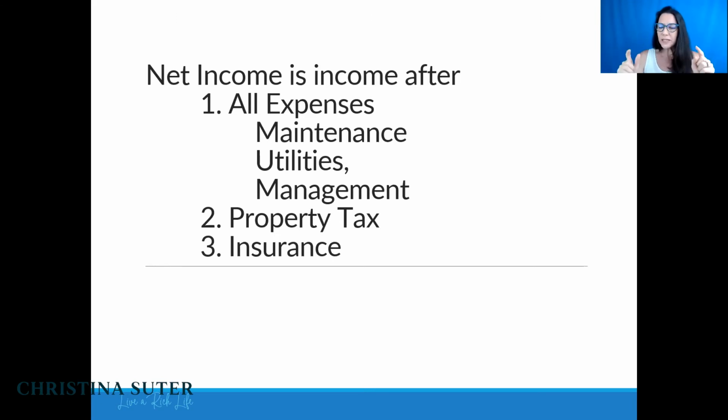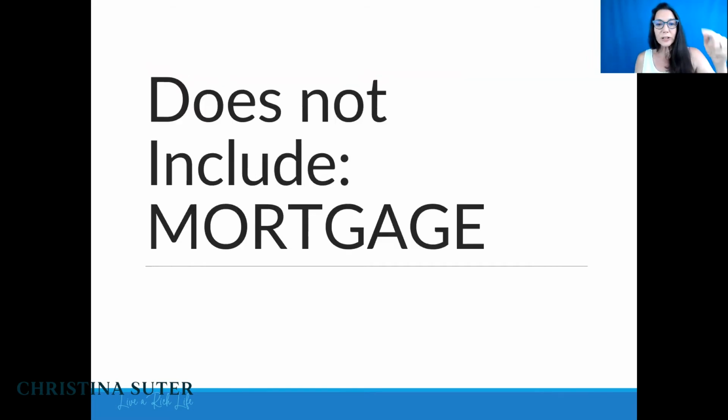Those are all expenses, but don't forget, you also have property tax and insurance. So net income is your income after all expenses. All expenses includes maintenance, utilities, management fees, property tax, and insurance. Okay, pretty straightforward, but it also does not include your mortgage payment.